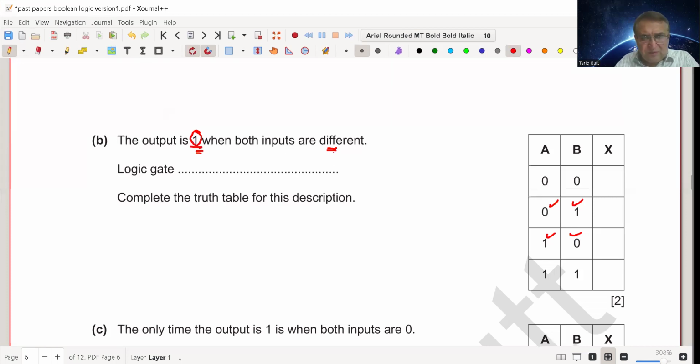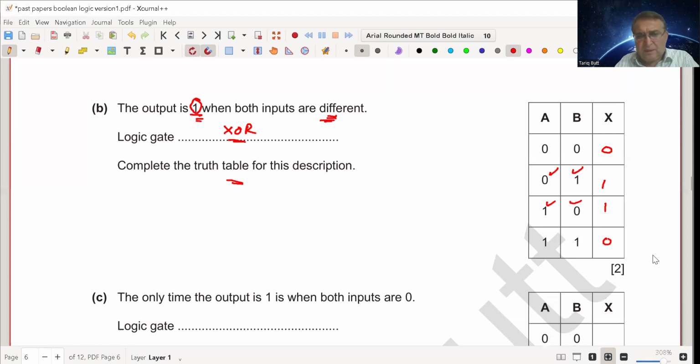What is the gate which shows this characteristic? Yes, you're right. That is the XOR gate, or exclusive OR gate. So just draw its truth table. Output is 1 when both of its inputs are different. Otherwise, output is 0. That's it. I hope it is clear.